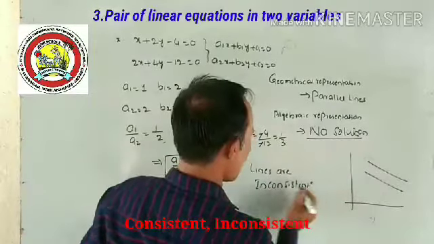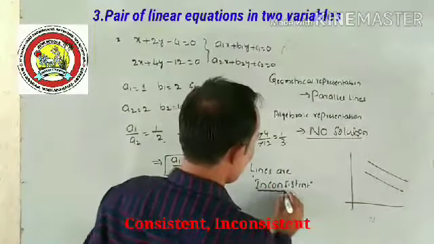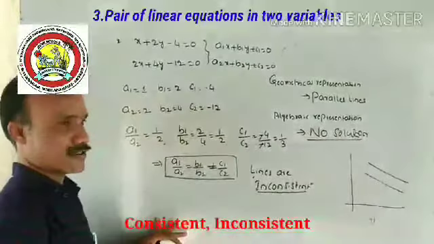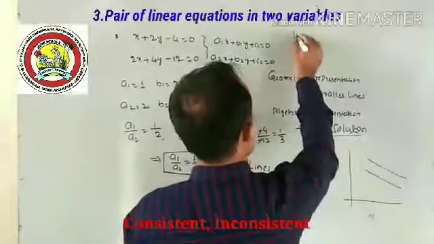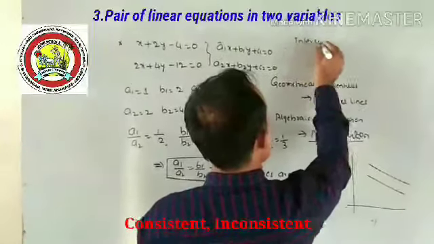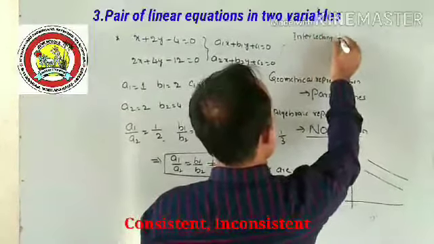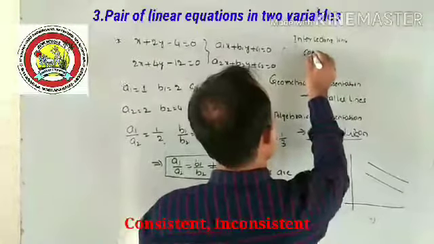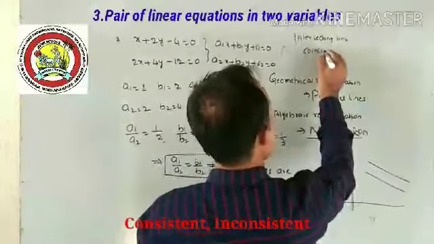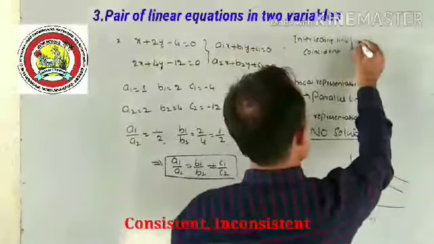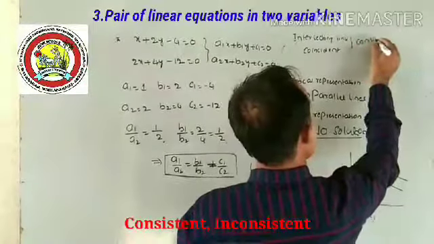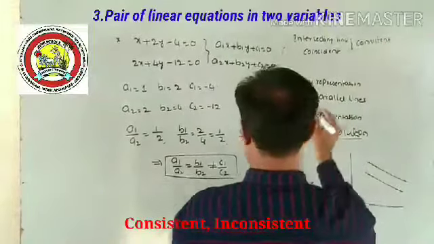In which case are the lines consistent? In two cases. First case, intersecting lines, and coincident lines. In these two cases, consistent.